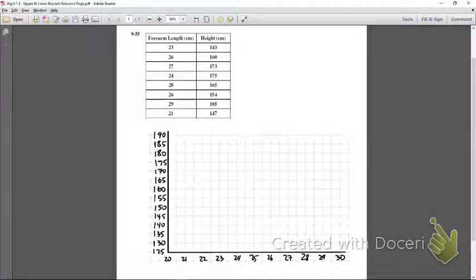We've got 23, 143, about there, and then 26, 160, about right there, 27, 173, 24, 175, 28, 165, 26, 154, 29, 185, and then 21, 147.